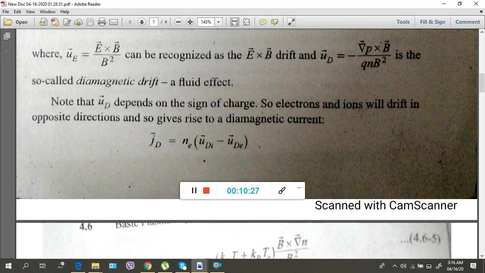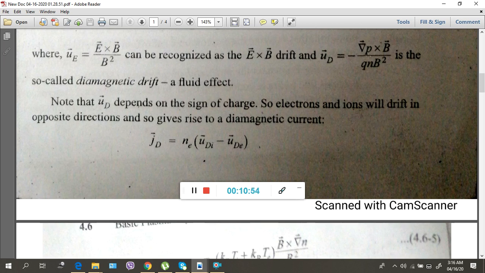Delta P, you know that P is equal to pressure and P is equal to NKT. So from here, if you neglect this minus or change this minus into plus, we can write B cross delta P. Clear? Now this P is equal to NKT.